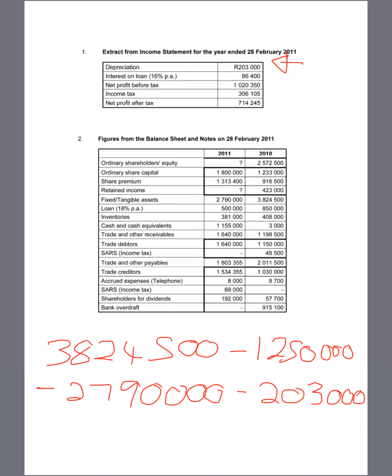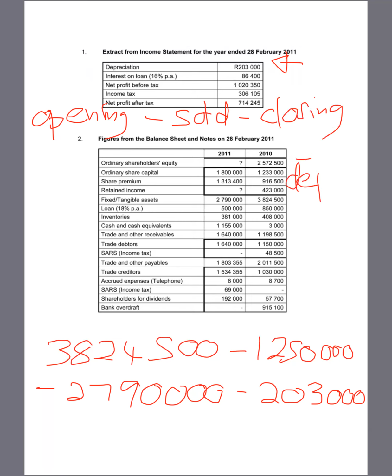I take my opening balance minus my sold fixed or tangible asset, and then I minus my closing balance, and then I minus my depreciation. Okay. So what's the final amount? What did you get?